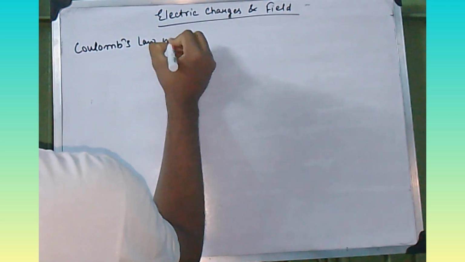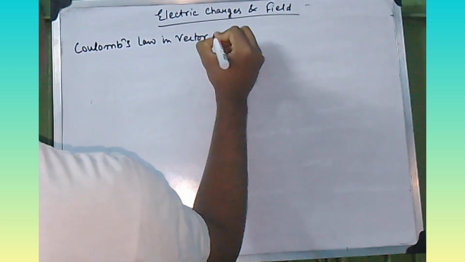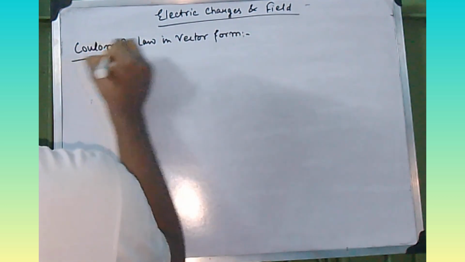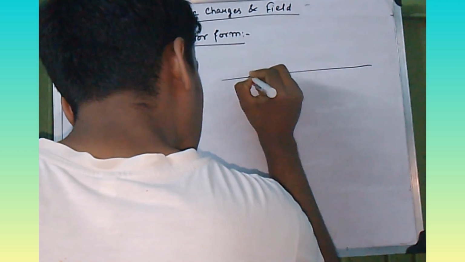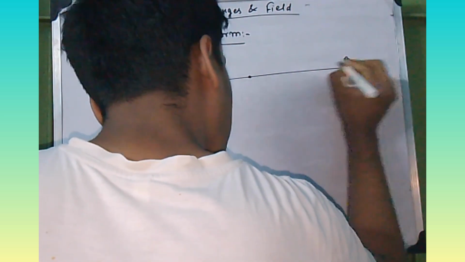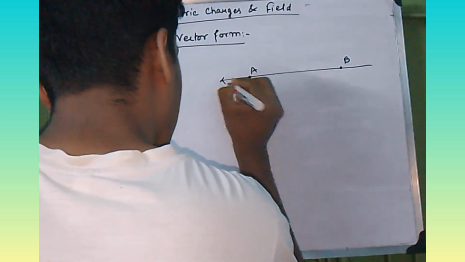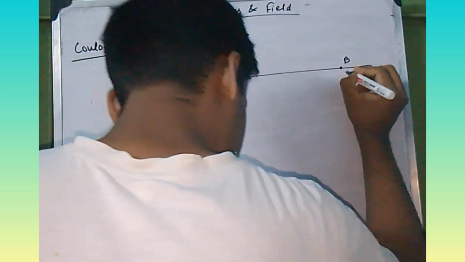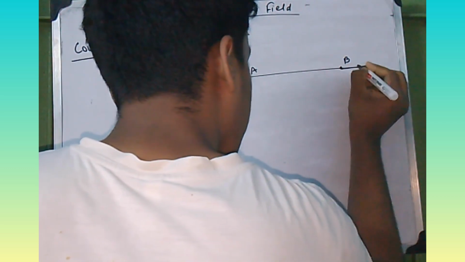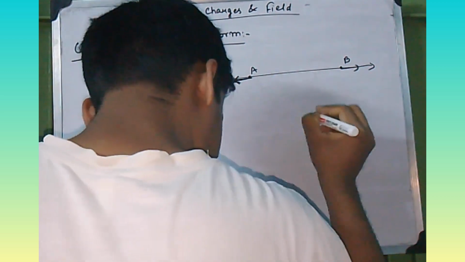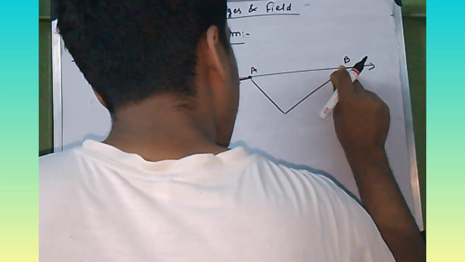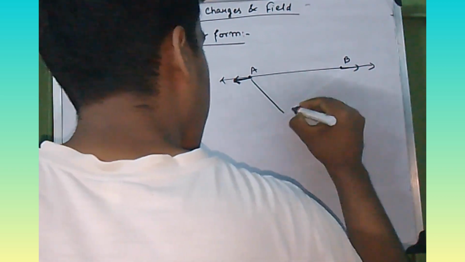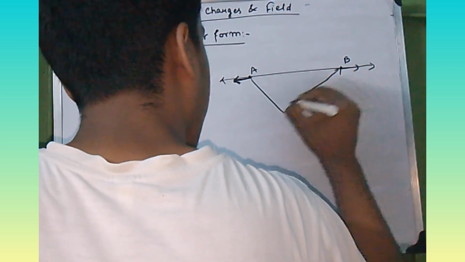Now let us move on to the Coulomb's law in vector form. To understand this more carefully, let's draw this diagram where A and B are the point charges and O is the origin.